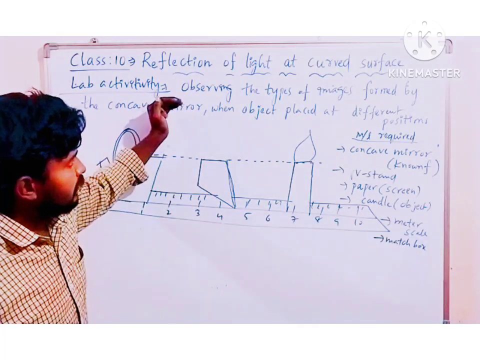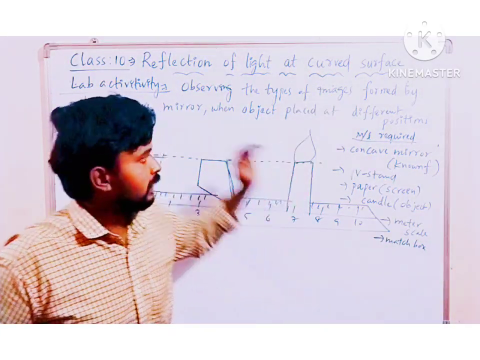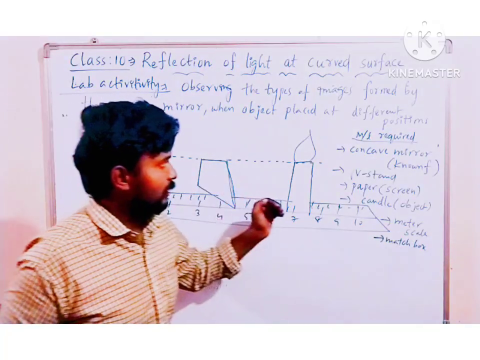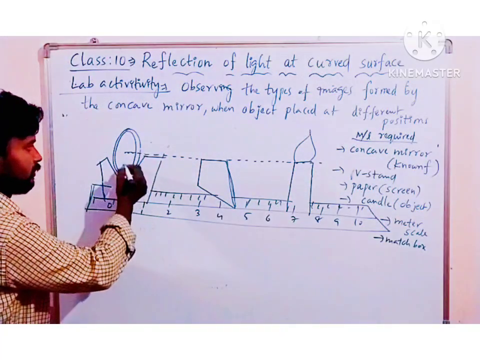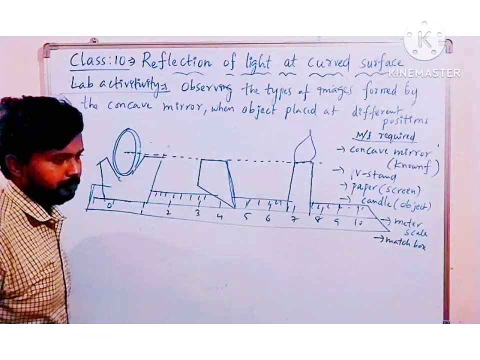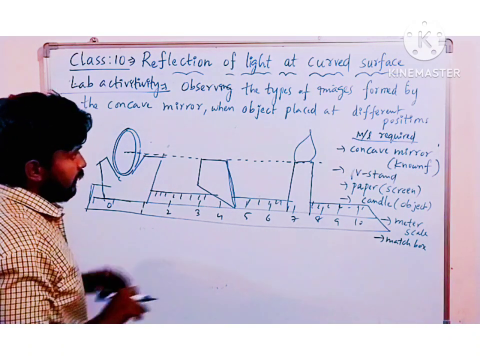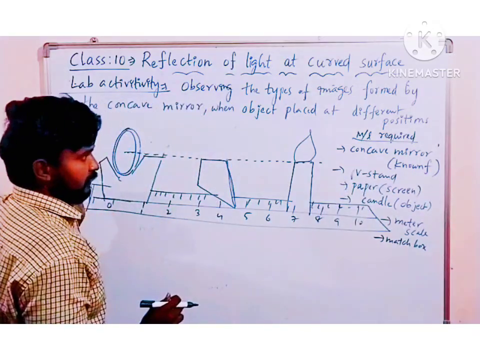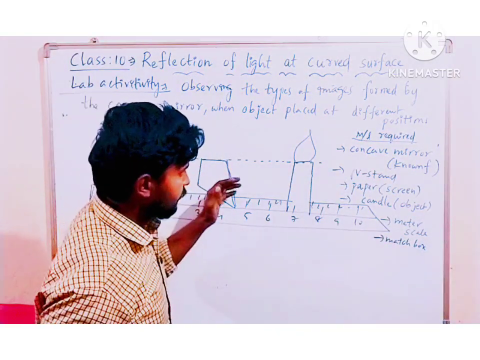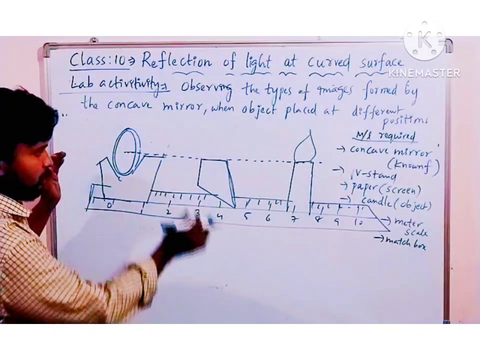The aim is observing the types of images formed by the concave mirror when the object is placed at different positions. Next, materials required: concave mirror, V stand, paper or a screen, candle, meter scale, and matchbox.